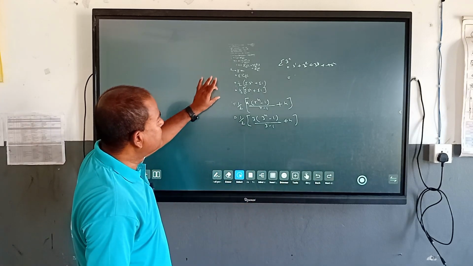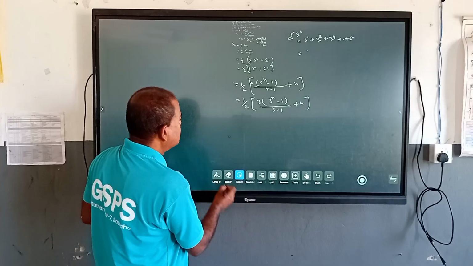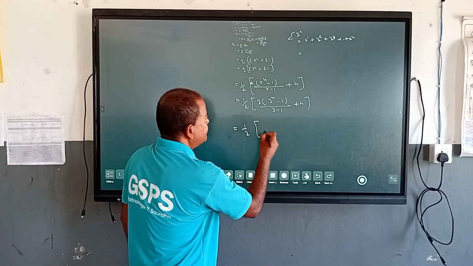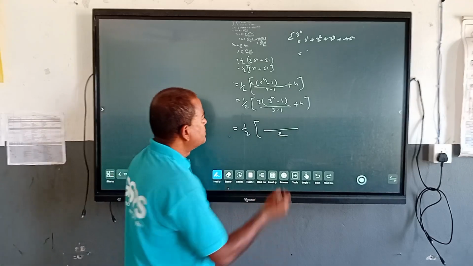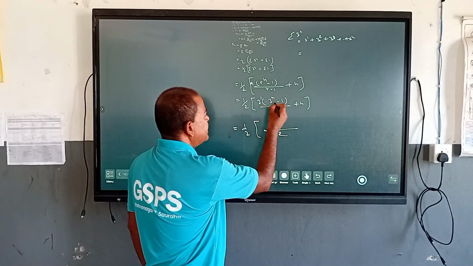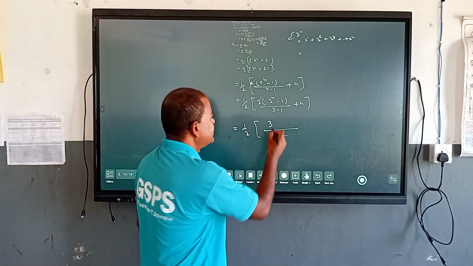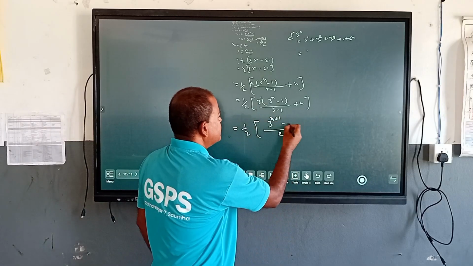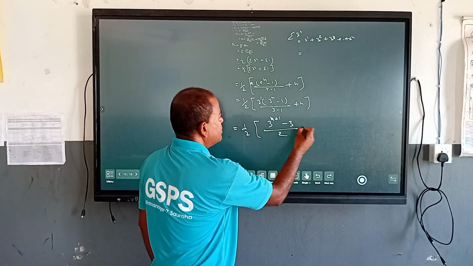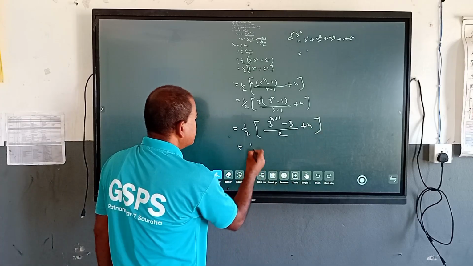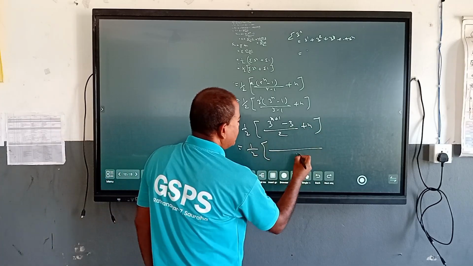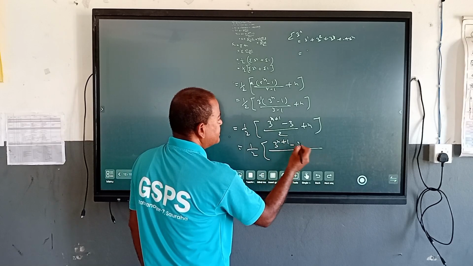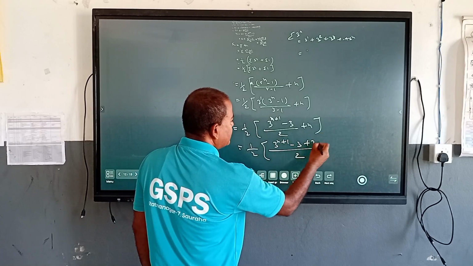Now if we simplify further, 3 power n into 3 power 1, we get 3 power n plus 1, minus 3, plus n, all equals 1 over 2. 2 is the LCM: 3 power n plus 1 as it is, 2 times n we get 2n.